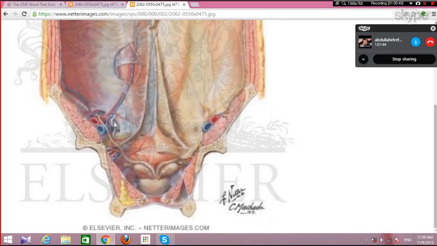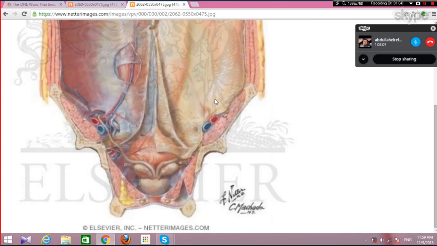Here, inside the abdominal cavity, do you see the medial inguinal fossa here? It represents the inner aspect of the superficial ring. I will tell you what the superficial ring is. And the lateral inguinal fossa, so this was medial, this is lateral.